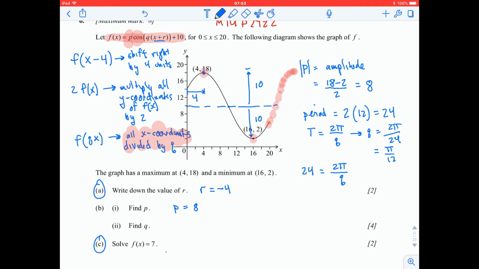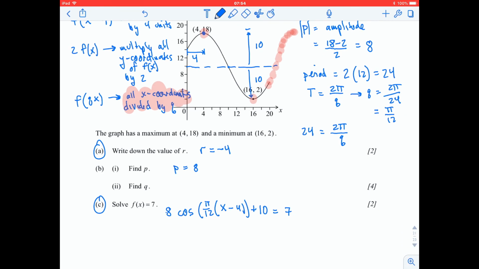And so now going down into f of x, this means that f of x is given by the equation 8 cosine of pi over 12 times x minus 4, plus 10, of course, and we're setting that to be equal to 7. This is paper 2. Notice that it's only 2 marks that you get for this question, so you're really showing in some way that you are solving this equation, and then you can just use the calculator to find solutions.